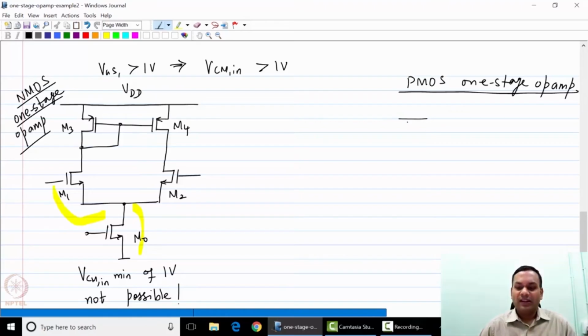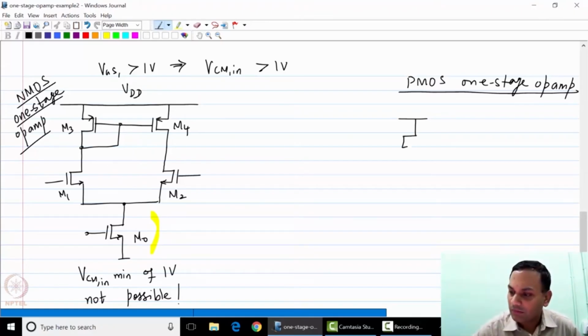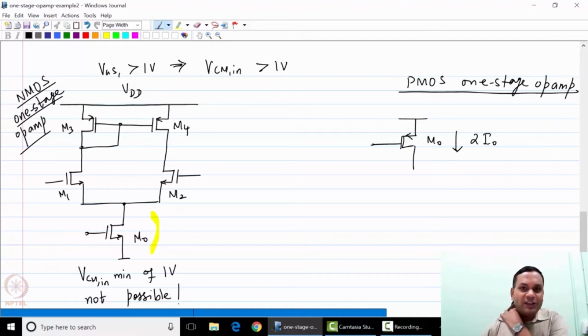So in the case of the NMOS op amp, you had a transistor M0 that acted as the current source. So now you need a PMOS transistor M0 that would act as a current source, pumping current of 2I0 into the differential pair.